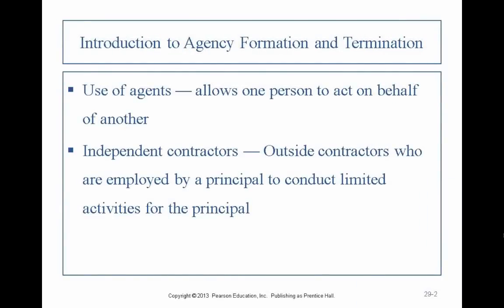So remember we talked a little bit, I think, when we were talking about negotiable instruments about this concept of principal and agents, right? The legal notion that somebody else could be appointed to act for a principal. The use of an agent allows one person to act on behalf of another.